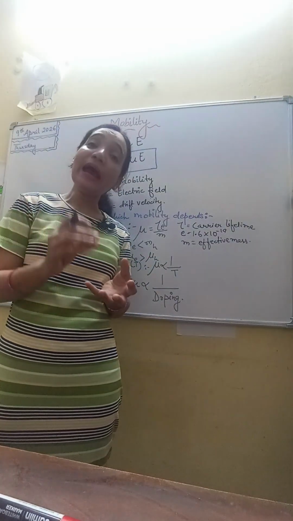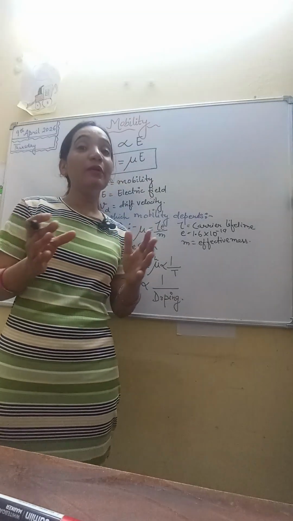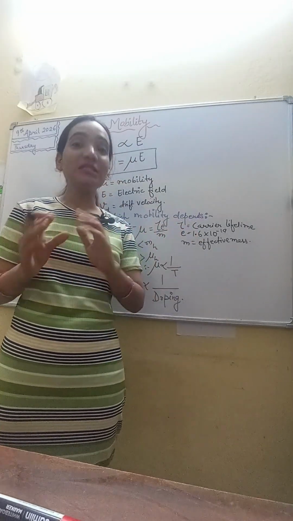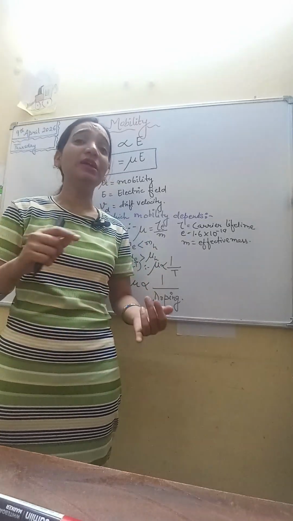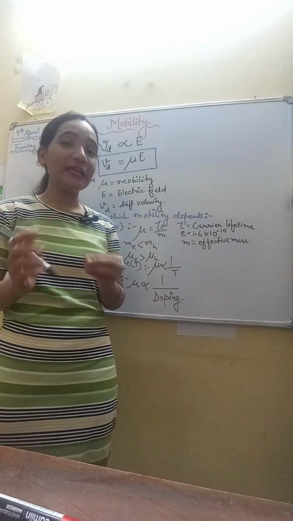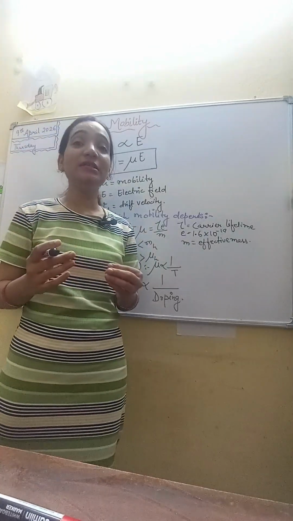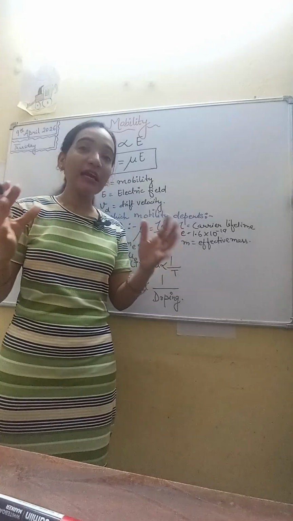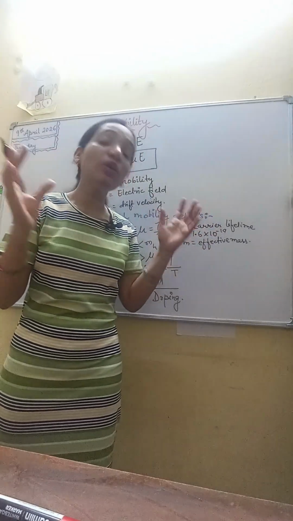So if we are adding impurity, we are making it an extrinsic semiconductor, like an n type semiconductor or a p type semiconductor. Then the number of carriers is increasing, and when they are crowded, they will collide with each other.